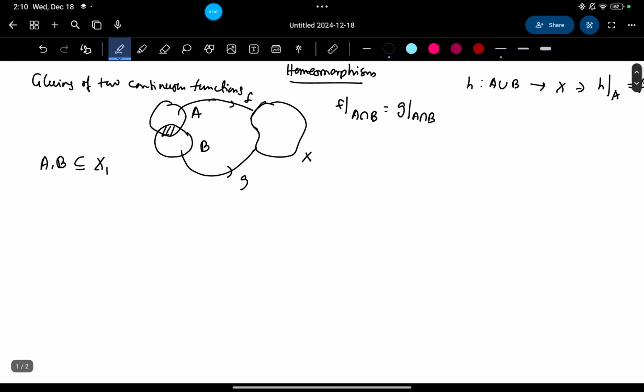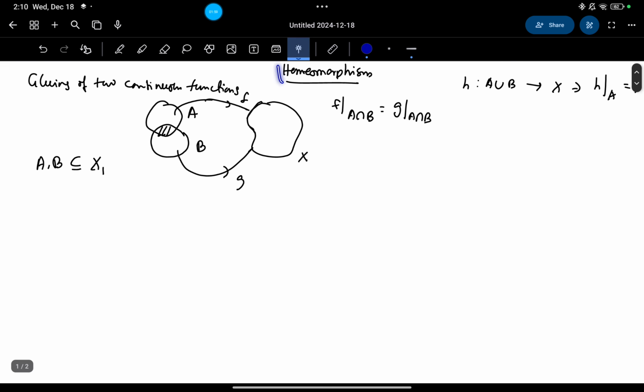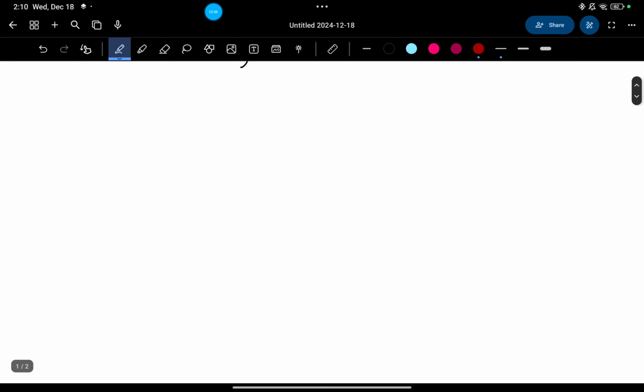Now we will use these properties of continuous functions to define some more basic identification of two topological spaces, and one of the most important is something called homeomorphism. So first let us start with the basic motivation.